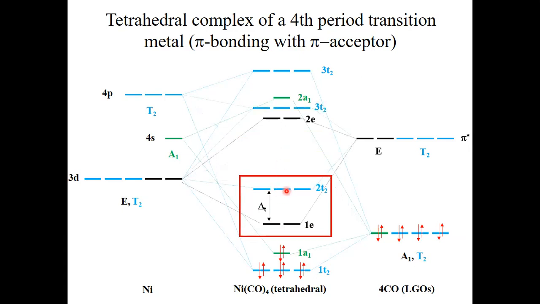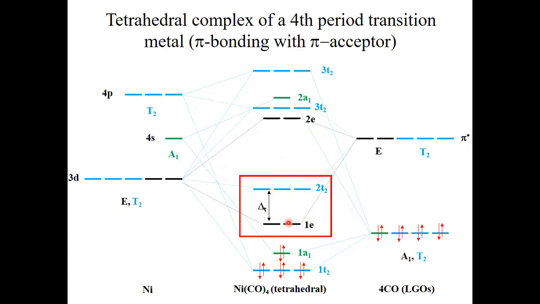But the decrease in energy of the E orbitals is greater than the decrease of the energy of these T2 orbitals, so that our delta T increases. However, it does not increase very much, just because the energy of both orbitals is being lowered.